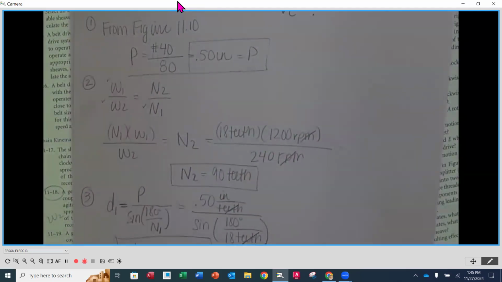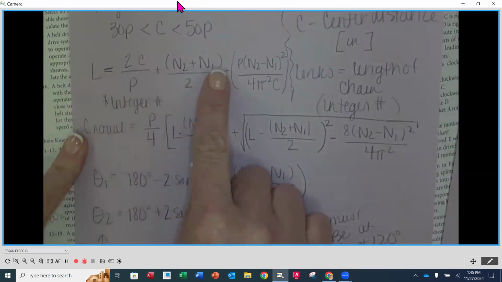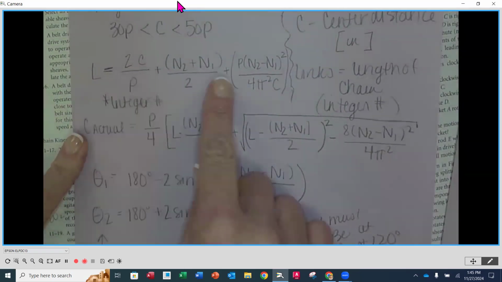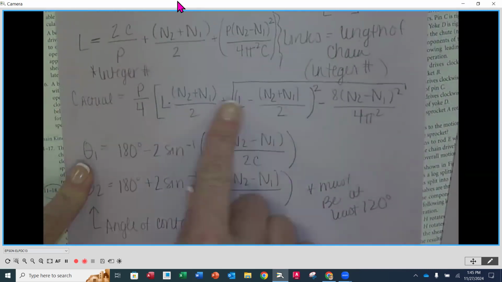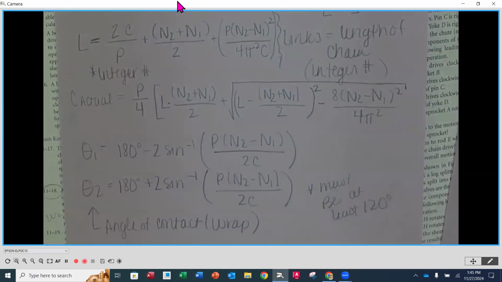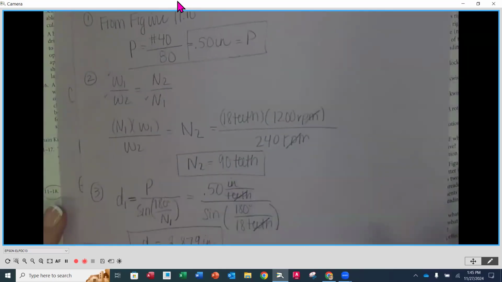The exceptions to the units are going to be those last 2 equations that we looked at. So for the number of links and the length of chain, and for the actual center distance, it's going to get too crazy with units. So I'm fine with you not putting them in for those 2. Okay. So make sure you do that.